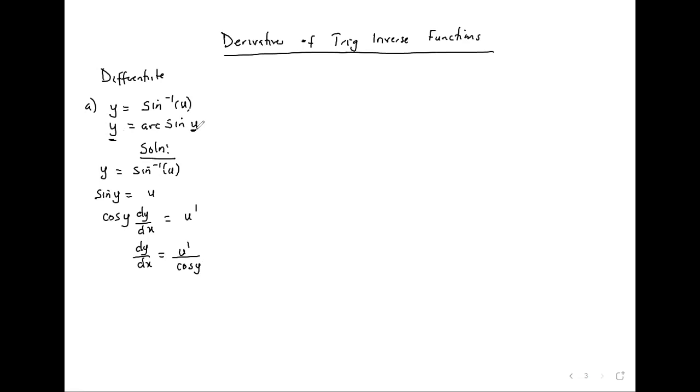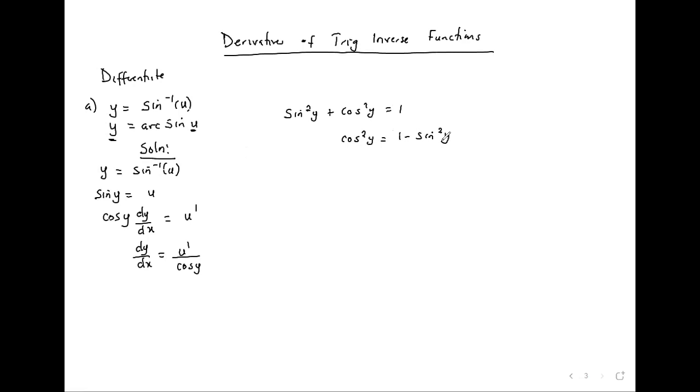But we know that cos squared y is the same as, from this identity, sine squared y plus cos squared y is equal to 1. We actually realize that cos squared y is 1 minus sine squared y.